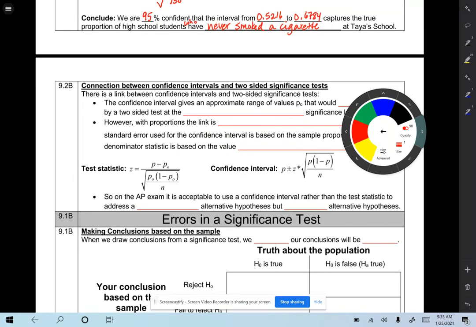And our last little portion is a connection between confidence intervals and two-sided significance tests. There is a link between confidence intervals and two-sided significance tests.